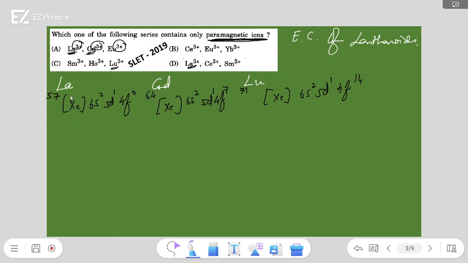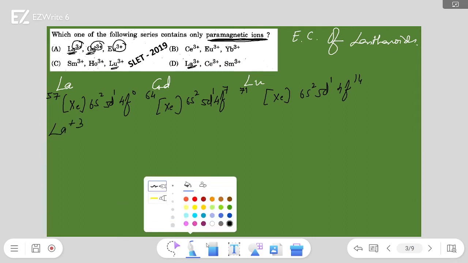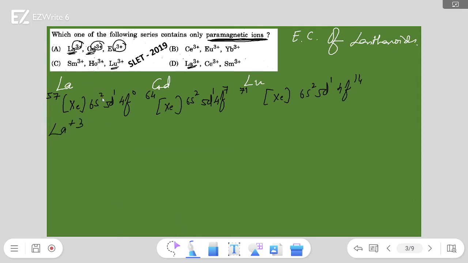Let me check. If I am removing 3 electrons from here, that is La3 plus, friends, very confidently you can see that these two and this one electron will be gone, and so it will be xenon 6s0, 4f0 along with 5d0.